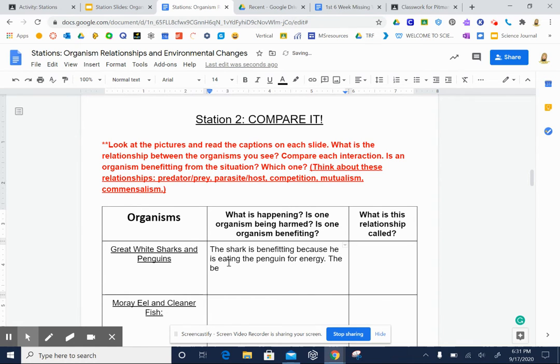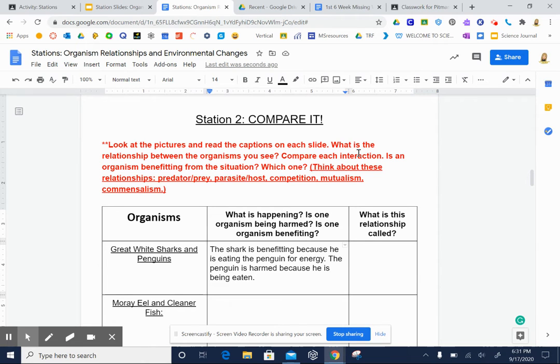The penguin is harmed because he is being eaten. Okay, and then so if you read up here, it says look at the pictures and read the captions on each slide, which we did. What is the relationship between the organisms you see?